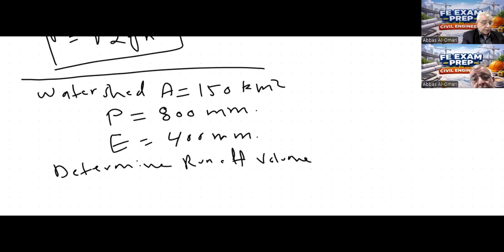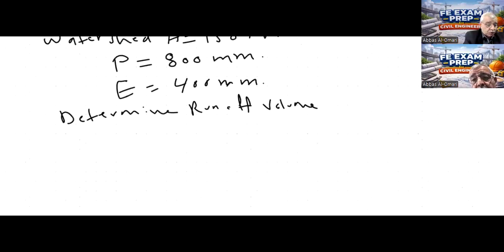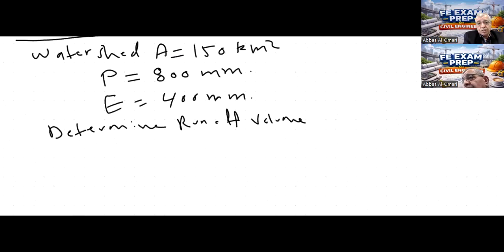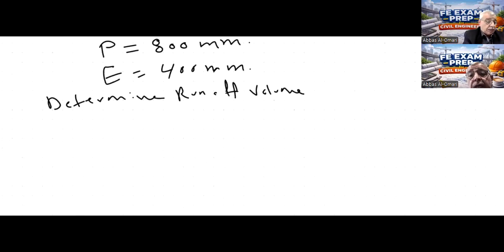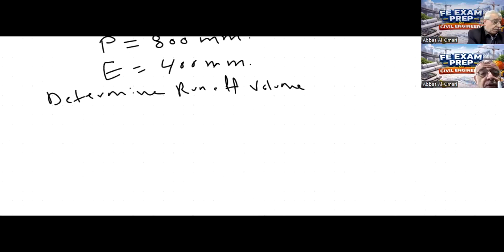Here we know the precipitation, the evaporation, and we want to determine the runoff volume. So the water available or rainfall available to make runoff is the precipitation minus the evaporation, and we multiply by the area to determine the volume.